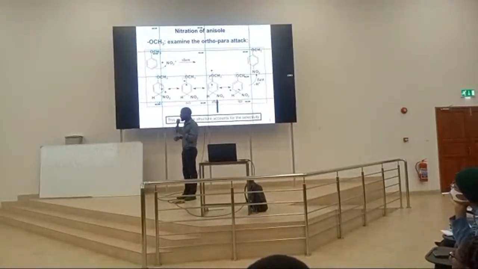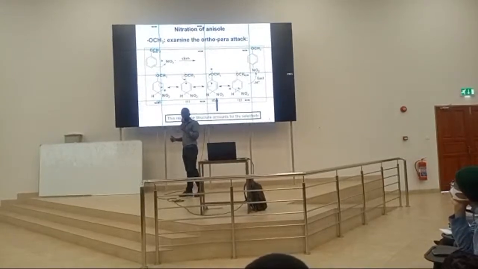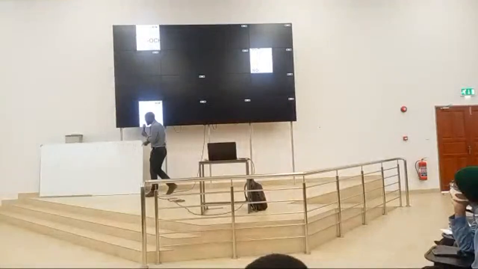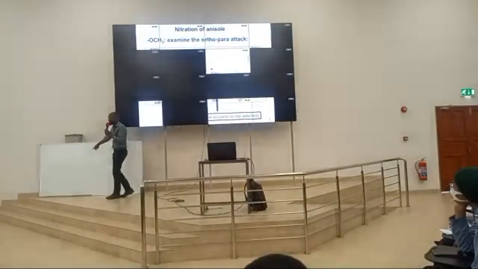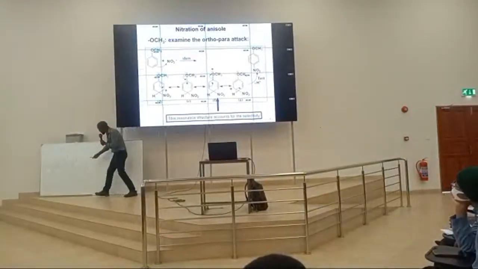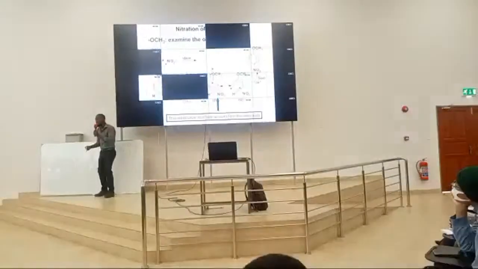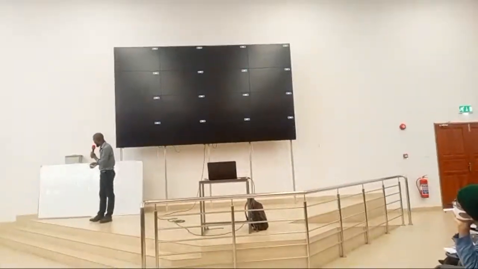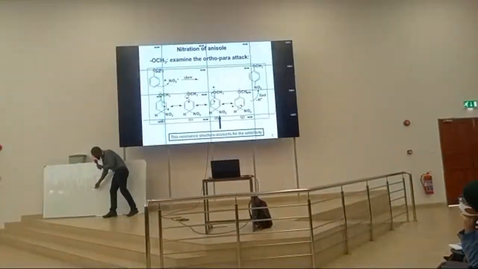The other way to explain why methoxy is ortho and para directing is to actually draw resonance structures even before attack occurs. You see that the ortho position has a negative charge, meaning it is more nucleophilic. It will be attracted to the electrophile more. Even the para position has a negative charge.